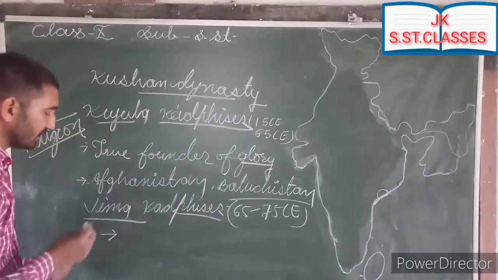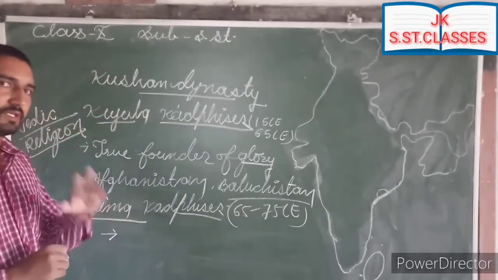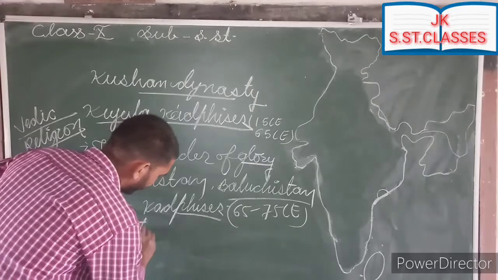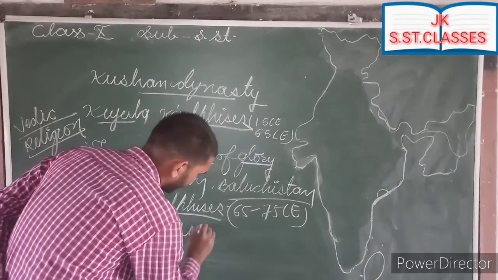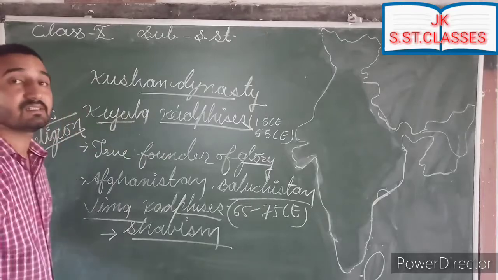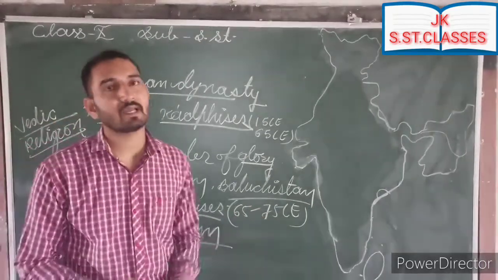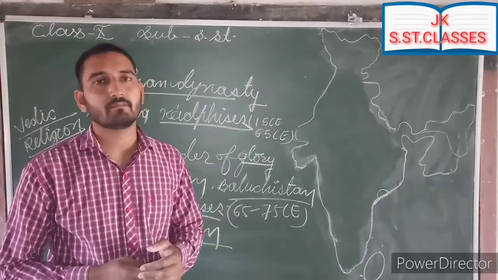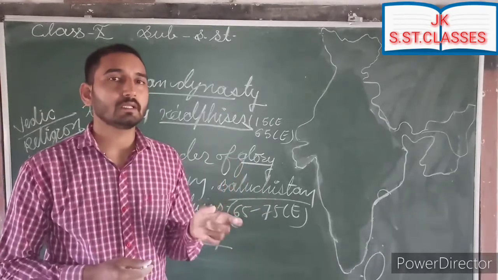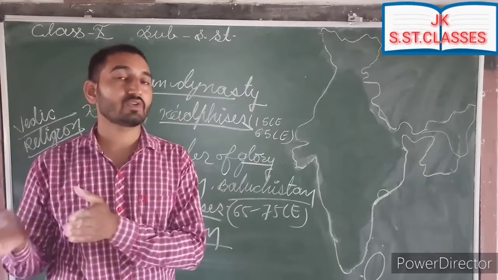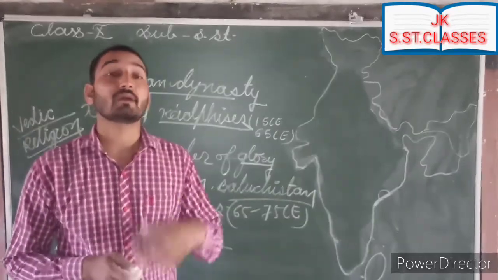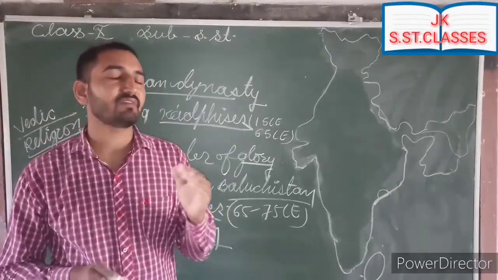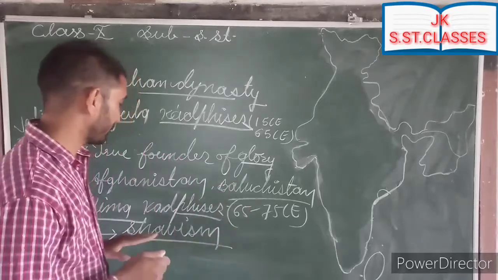Okay, so about Vim Kadphises, you have to keep two major things in your mind. First of all, he was the follower of Saivism. We find mentions like Trishuldhari, Tribhujadhari, and along with that Nandi, Arud, Lord Shiva, Vyagrcharm Dhari, different kinds of inscriptions related with Lord Shiva we find on the coins of Vim Kadphises.